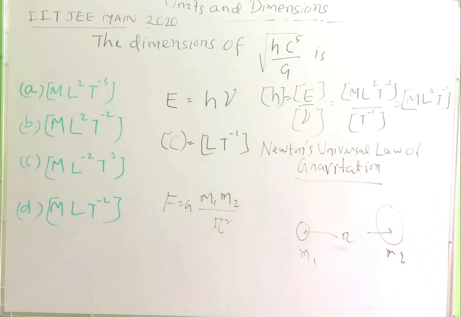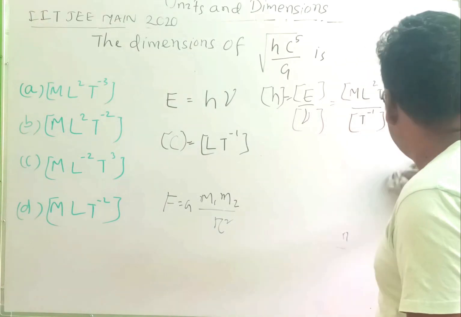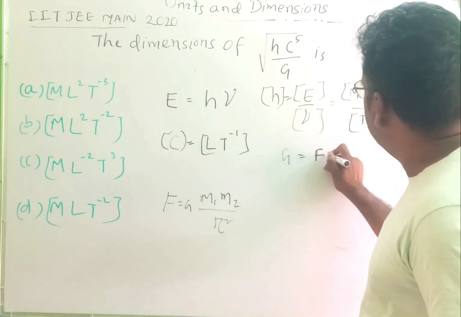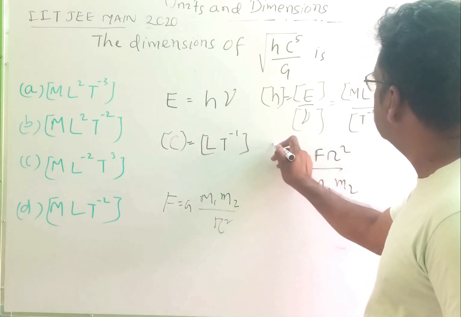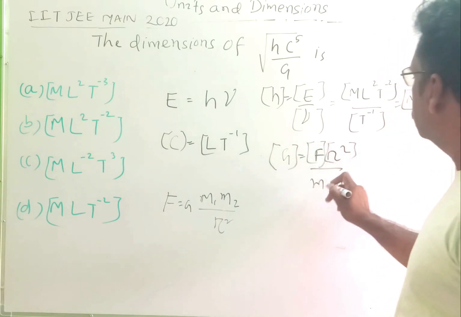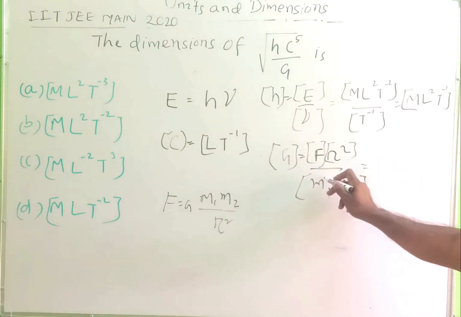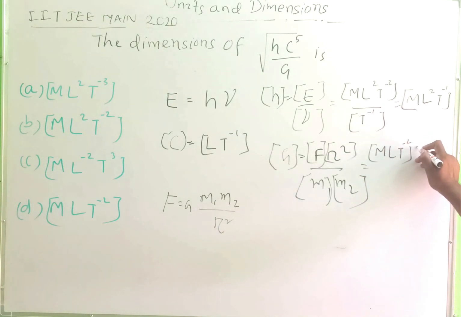From this formula, student, we can have the formula for G. And what will be G? G will be equal to F r square by m1 m2. Okay, students, and then the dimensions of G will be dimensions of F multiplied by dimensions of r square upon dimensions of m1 and m2. This is MLT^-2, we know the formula for force.